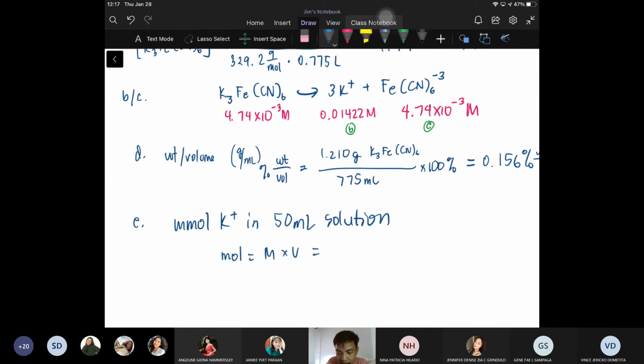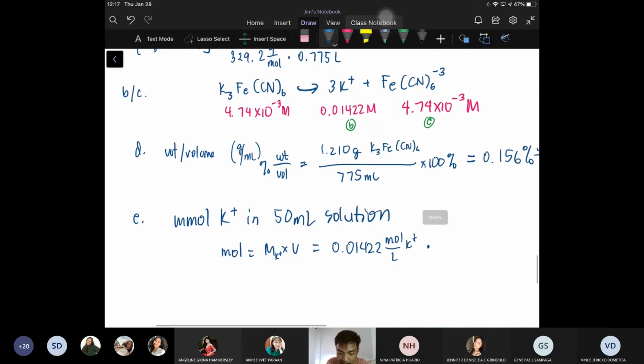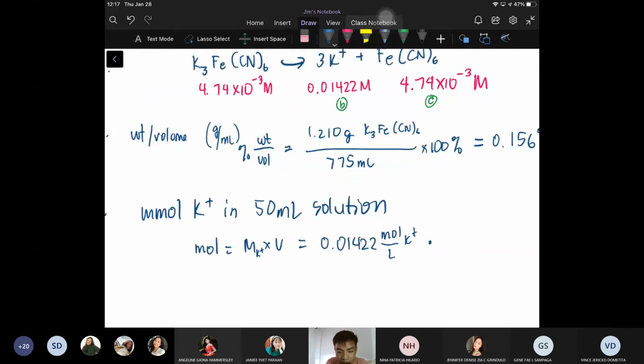So the molarity of K plus is 0.01422 mole per liter times the volume given in the problem, which is 50 mL.